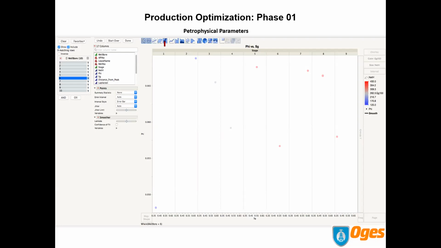Along the top here, we see the different stages within the hydraulic fracture strategy. If you look quickly, you can see that we're interested in the red, which is the highest gas production, right? So we're looking at stages 5 through potentially 9.